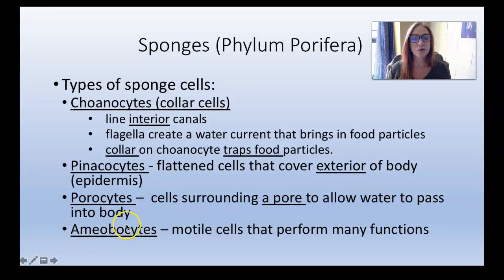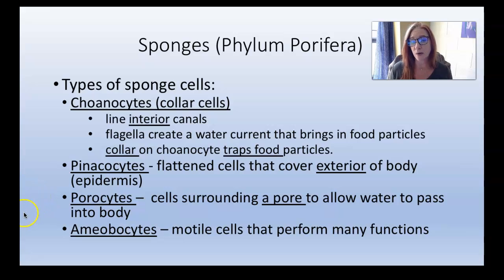And the amoebocytes, these are kind of weird. These are like little amoebae that run around inside the sponge's body, and they do all kinds of stuff. They're like a primitive immune system where they'll surround and phagocytize, which is surround and ingest, bacteria or viruses that have invaded the sponge's body.